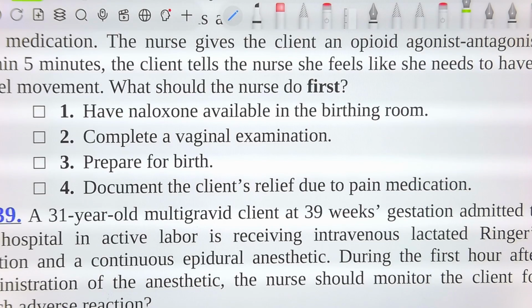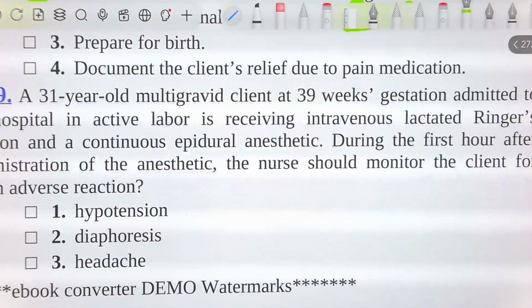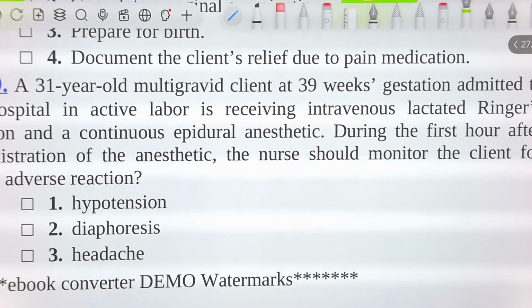If she is saying she wants to have a bowel movement, complete a vaginal examination. Because अगर वो ये बोल रही है she wants to have bowel movement, it means कि presenting part हो सकता है, cervix dilate हो सकता है, maybe वो transition phase में हो, तो इसके लिए हमको check करने के लिए vaginal examination करना है.